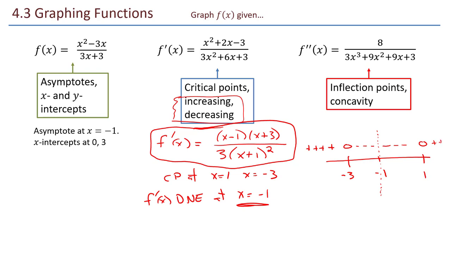The whole thing is positive. So these are the signs of my first derivative, and that tells me that my original function f is increasing and then decreasing. It continues to decrease and then increases again. So I've determined increasing and decreasing for my original function.